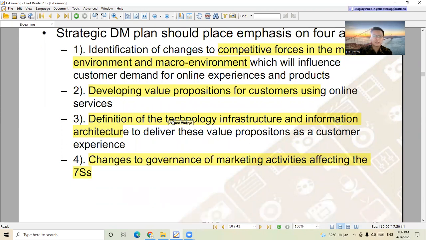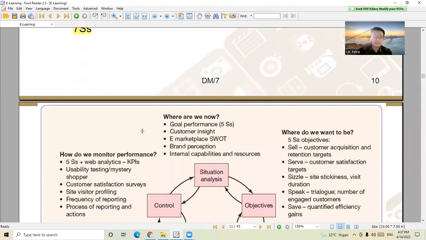The third one is basically about the infrastructure, the technology that we use, what kind of media, how about the structured information structures, what kind of customer experience that we expect the customers will experience. That's for number 3. And the 4 is about the governance. There are 7 S's, the governance.